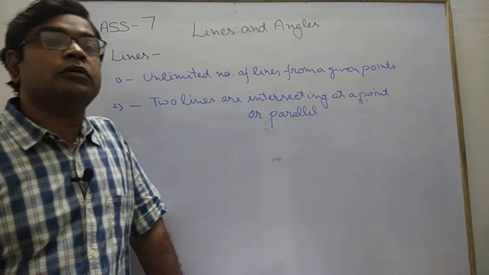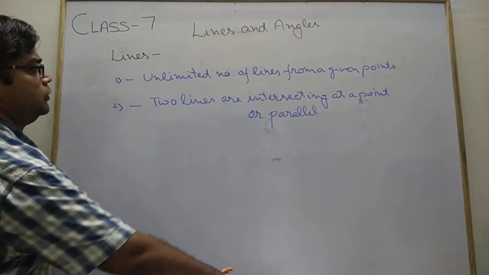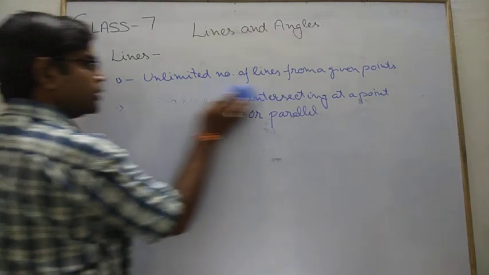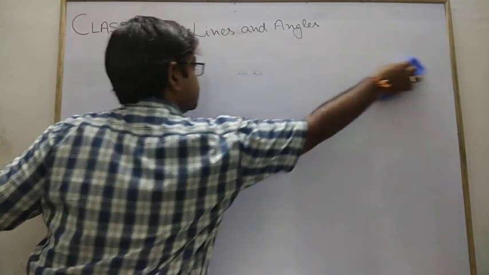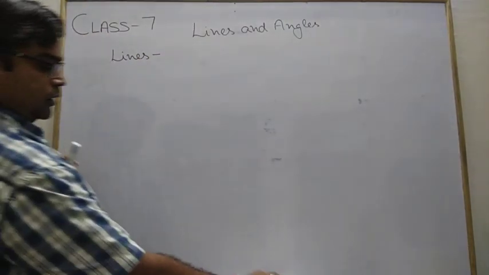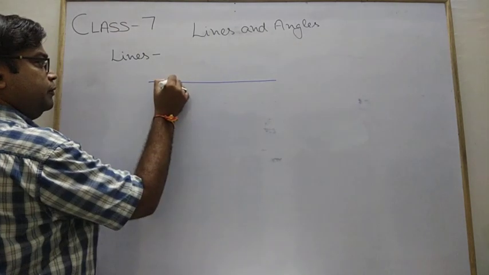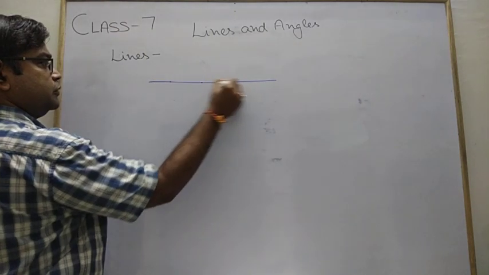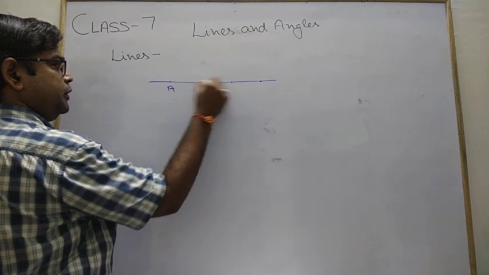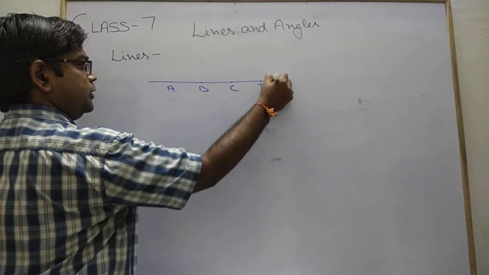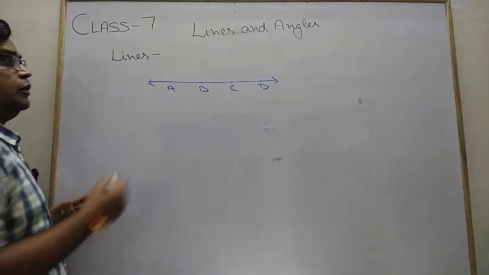Now there is one topic, collinear points. All come under the heading of lines. What are collinear points? Suppose in a line we have 3 or more points, A, B, C, D. This is a line.